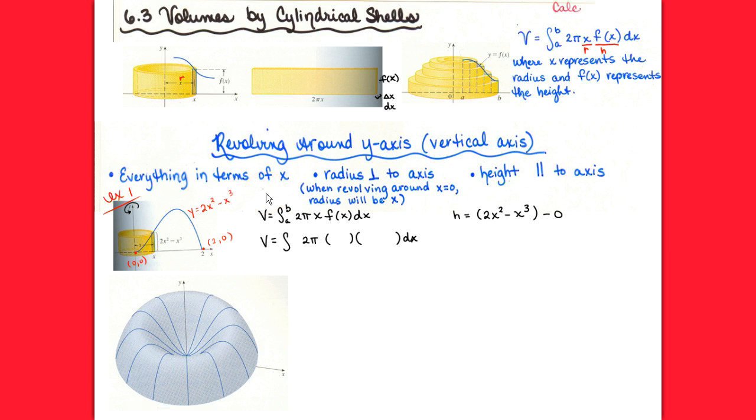And the same thing is going to hold true when I revolve around an x-axis or a horizontal axis. Everything is going to be in terms of y. So that'll give me the flexibility of no matter what I'm revolving around, I can look at the equation and decide for myself which is easier to work with, terms of x or terms of y, and I'll have a method that'll help me do that.